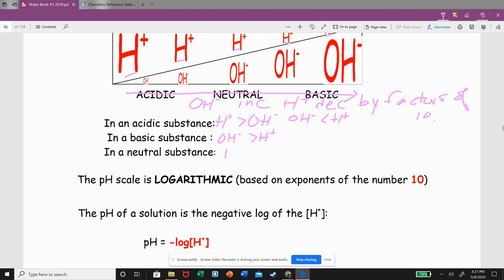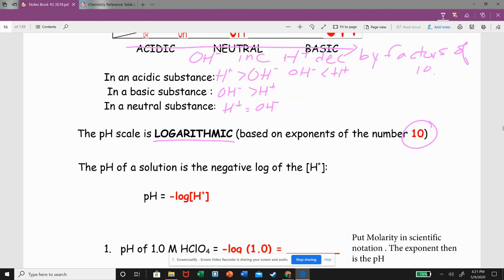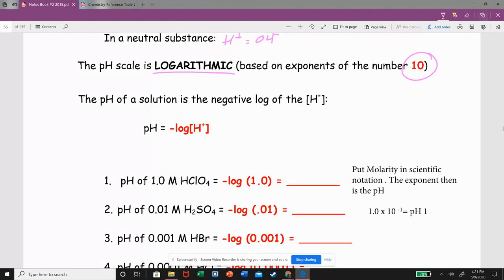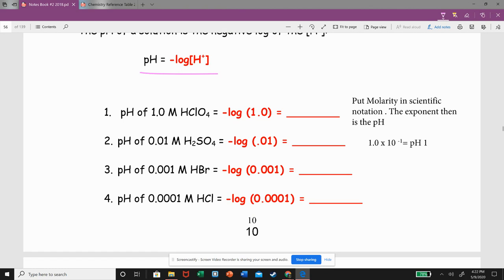In a neutral substance, the concentration of H plus equals the concentration of OH minus. It's a logarithmic scale based on the number 10, base 10 logs. So pH is the minus log of the H plus. Don't worry, I am not making you calculate logs. All you would have to do anyway is put the number in the calculator and hit the button.